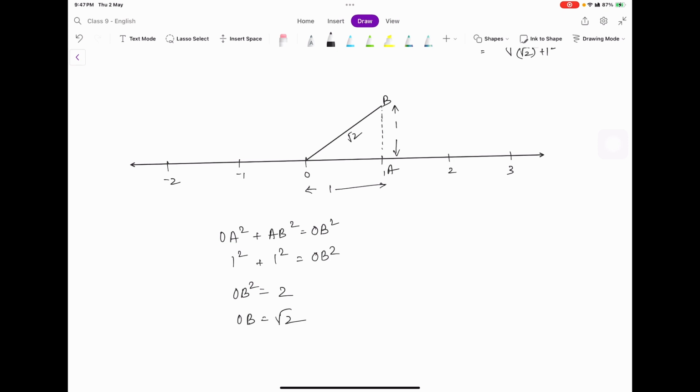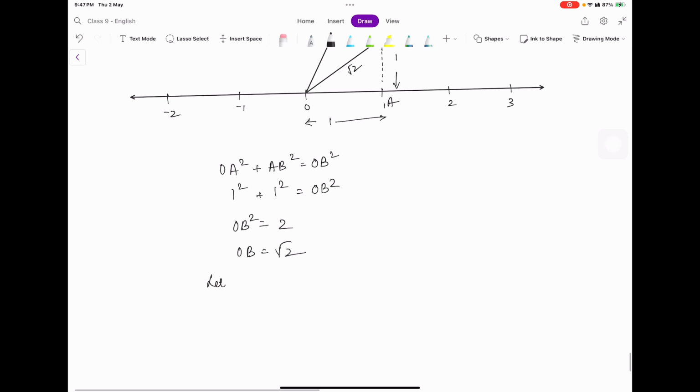That we got. Now again what will we do? Again we will draw a triangle of unit length. This is root 2, and this is the height we draw of unit length. Now this is point C. Let BC equal 1 unit of length.